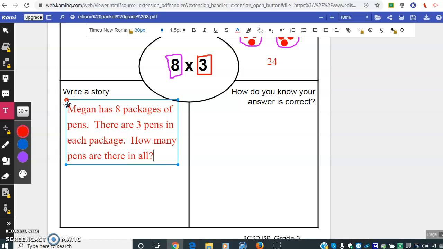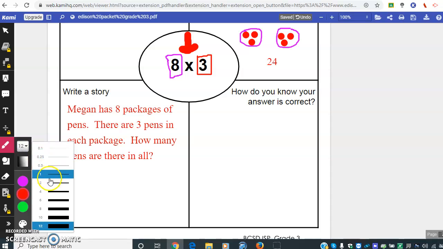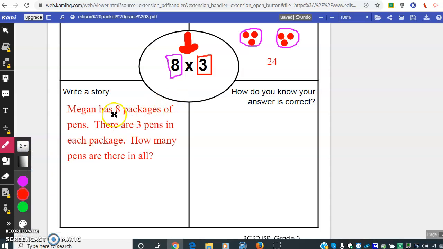So remember, when you see that multiplication sign, you are going to change your kind of story to an equal group story, a story that has containers and things in the containers. For my story, I chose the containers. I chose them to be packages. I said packages. Those were my containers.